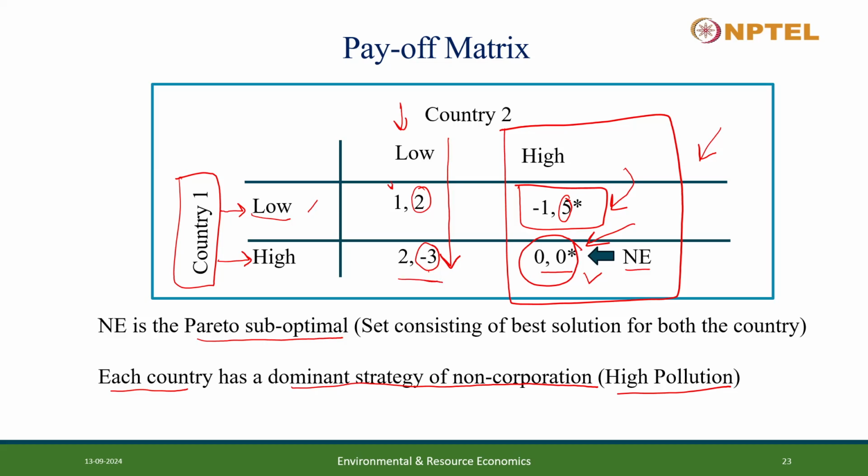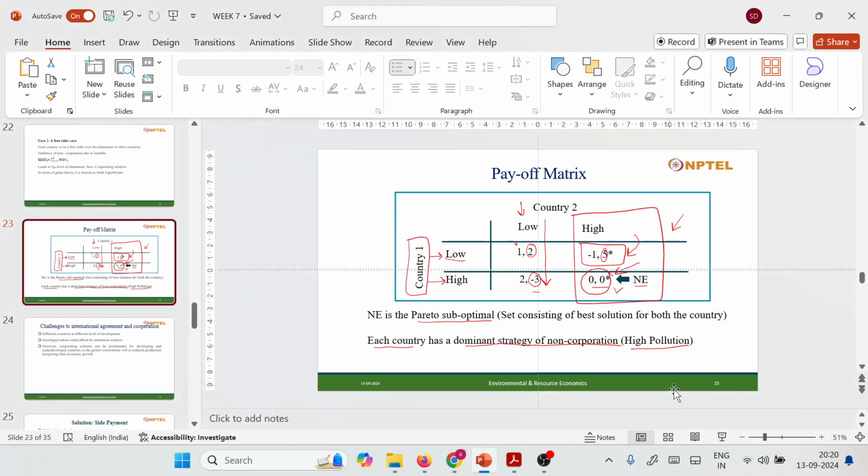Now we are taking a case: what will country 2 do if country 1 emits low or high? Okay, so now we will take some cases.